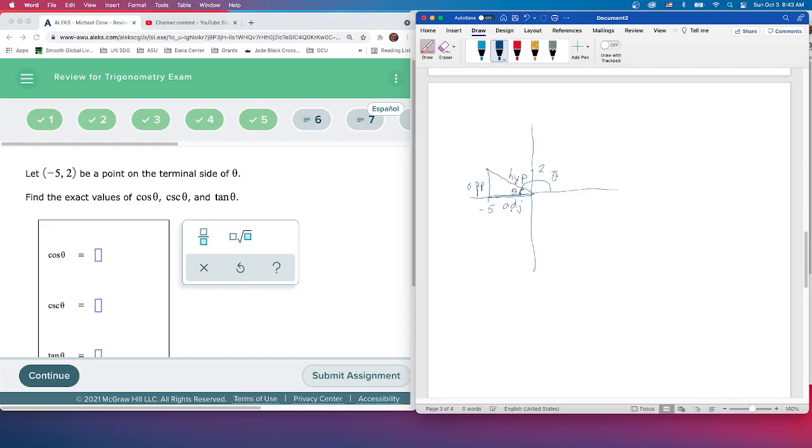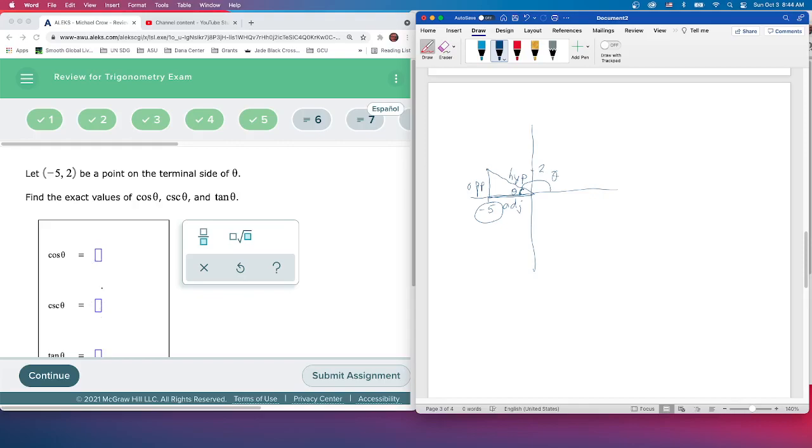That's how we label, this is a key part, labeling the sides: adjacent, opposite, and hypotenuse. So the adjacent side is where the negative 5 comes in. Again, the measure of the side is 5, but we will use negative 5 so that we get the right signs, because obviously cosine's going to be negative.